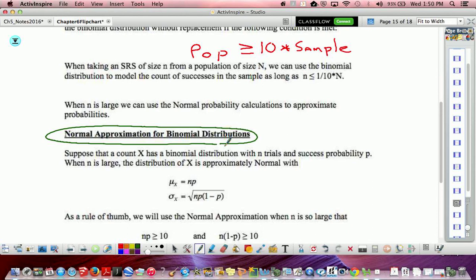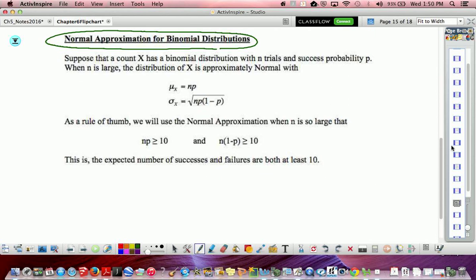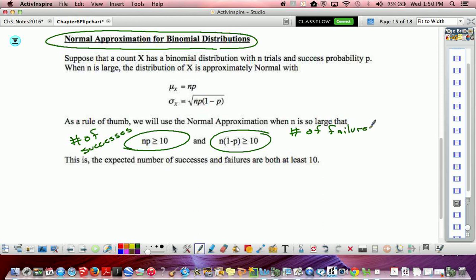But the approximation is only reliable if two conditions are met. You should only use the normal approximation if the number of successes that you're looking for, n times p, is greater than or equal to 10, and the number of failures is greater than or equal to 10.